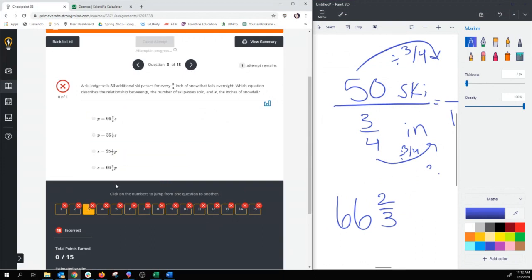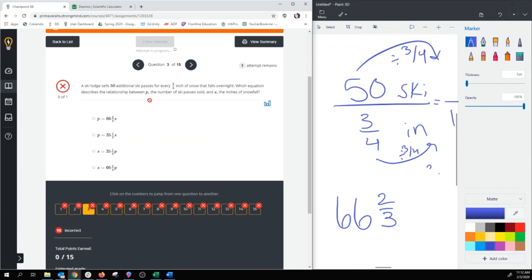So when I look at these answer choices, I have 2 different equations that have the 66 and 2/3, right? So now we are trying to look and see which one of these equations has our variables in the right spot. Remember that the variable by itself is kind of like the total, right?